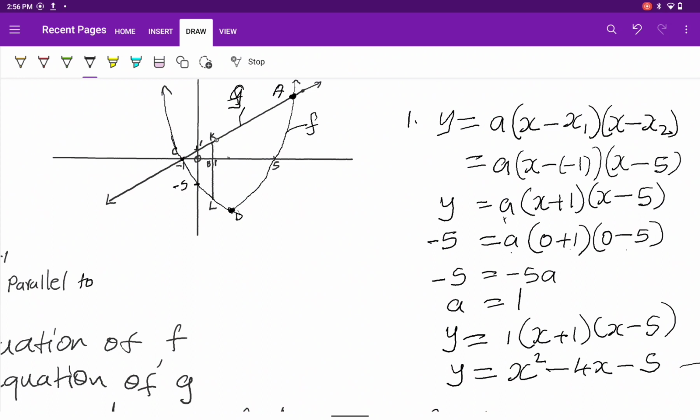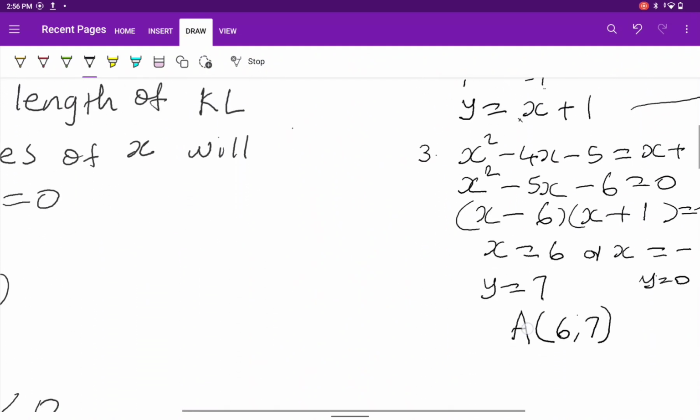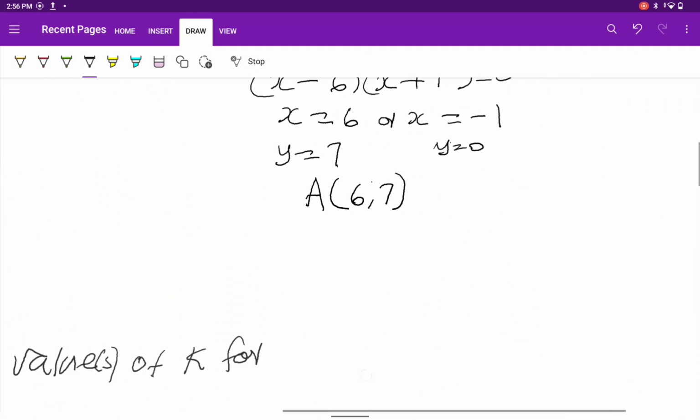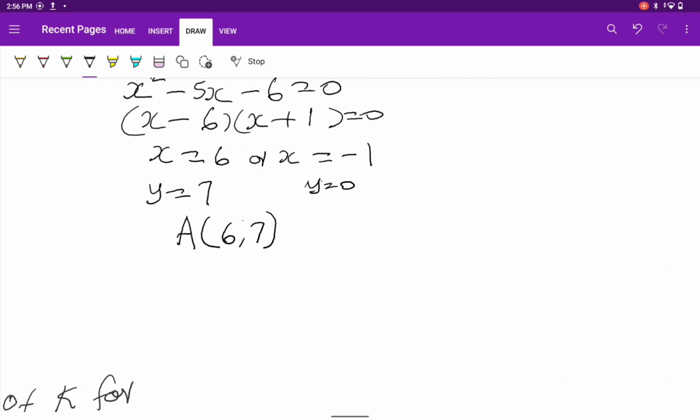K is on the straight line, so you can see it's our straight line there, and L is on the parabola. So in other words, we are going to substitute 1 on the straight line and the 1 again on the parabola. So let's work this one out. We are substituting the K on the straight line. We said the straight line is x plus 1.